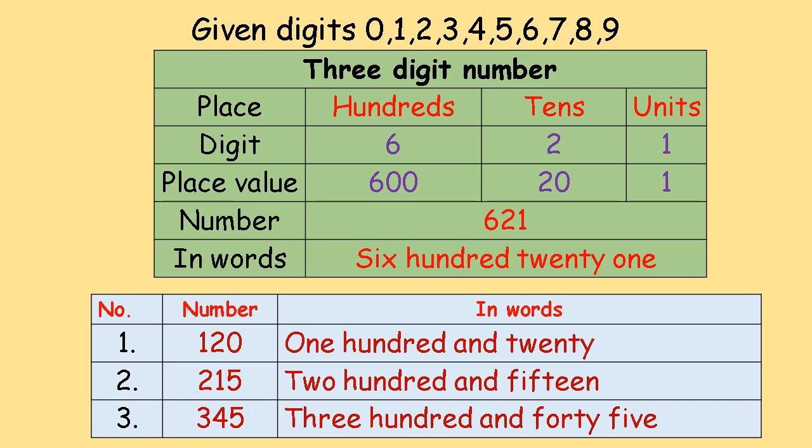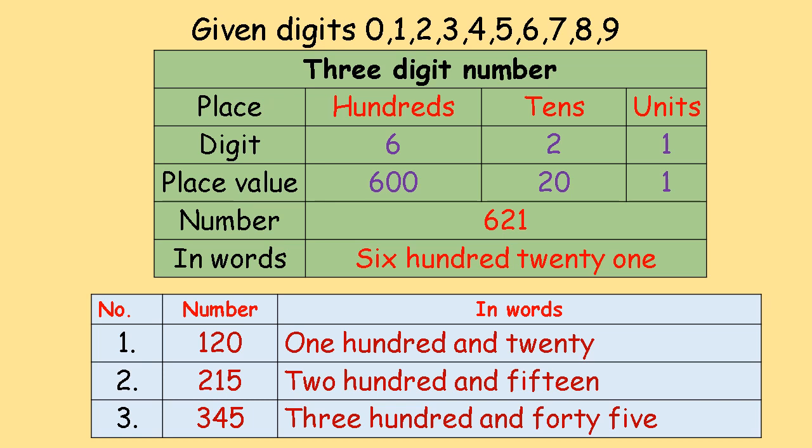Let's make a 3 digit number. A 3 digit number will have 3 places, hundreds, tens and units. Therefore, we need to select any 3 digits from the given digits to make a 3 digit number. I have taken 1 in the units place, 2 in the tens place and 6 in the hundreds place.